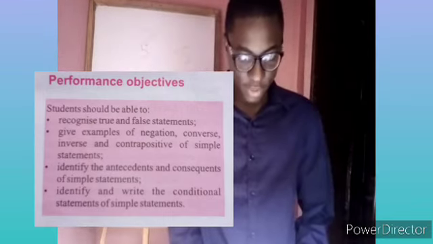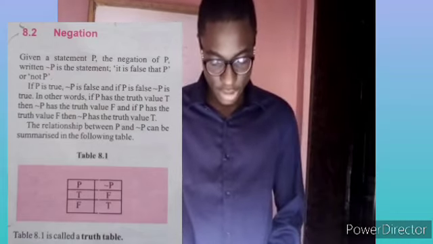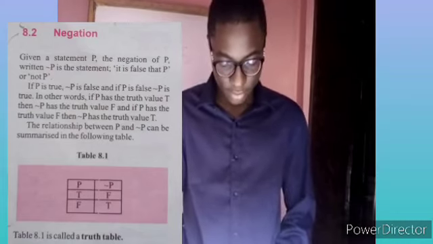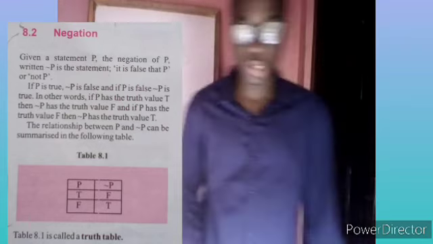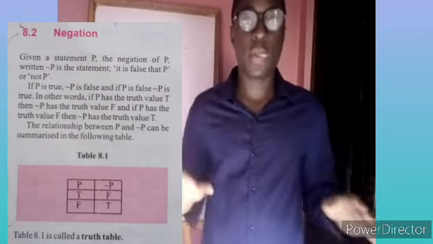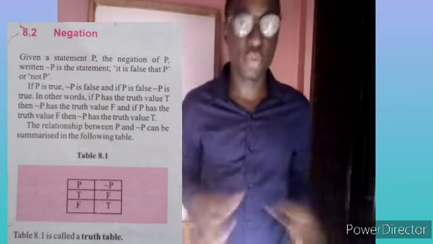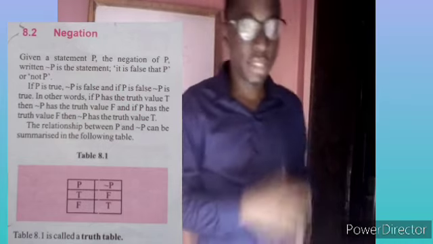So first of all, let's talk about the first thing we're dealing with today, which is negations. Negation is the negative of a particular statement or proposition. In logic we have different names for our statements: we call them propositions, and we can call them a consequence and an antecedent.